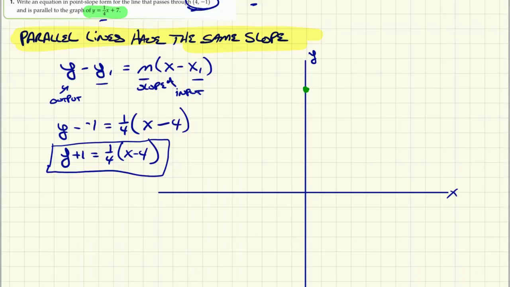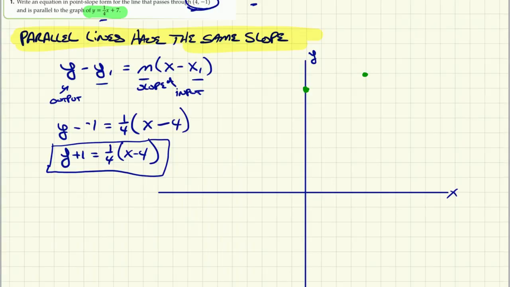You don't have to do it that way. We talked about a couple of different ways that people might think about slopes yesterday. But usually the way that I do it is, if it's a positive slope, I move up. If it's a negative slope, I move down, but I always run to the right. So my next point is going to be up 1 and over 4, because we have a slope of 1/4. Up 1, over 4: 1, 2, 3, 4.